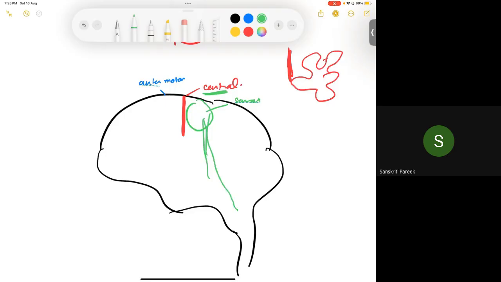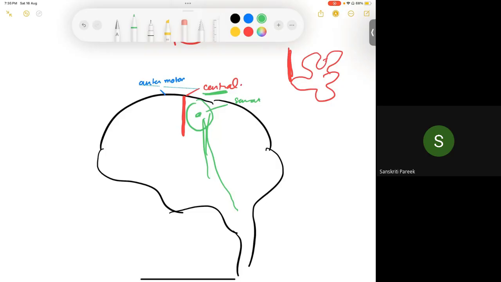It's going to be one of your new-word MCQs. They're going to mark this area just before the central sulcus and ask you what this area is. So it's the somatosensory area. All of the sensations brought by your ascending pathways are going to be perceived inside your brain, specifically where? In the somatosensory cortex. Is it clear? Yes or no?